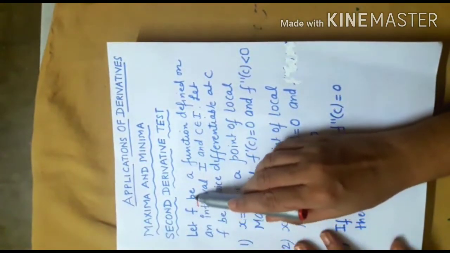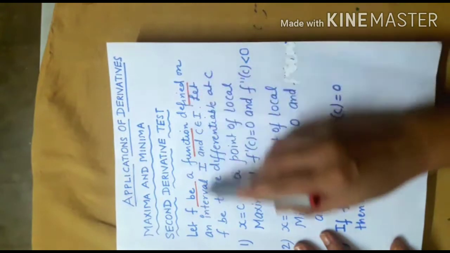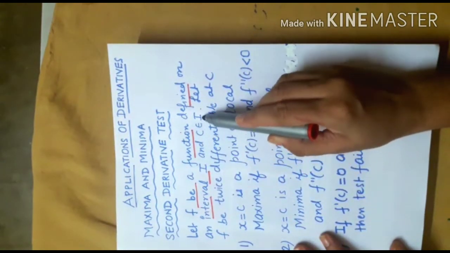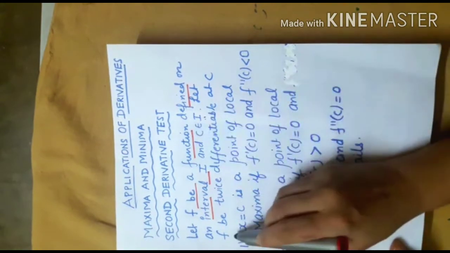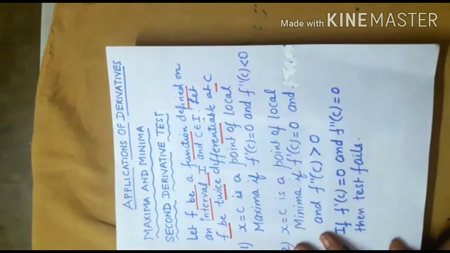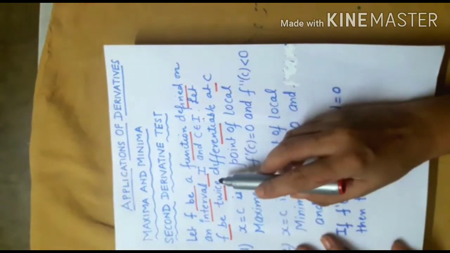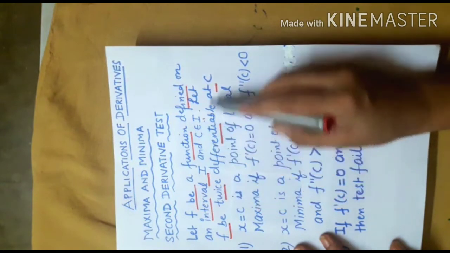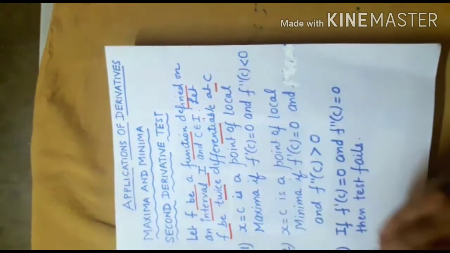Let f be a function defined on an interval I and c be any point in the interval. Let f be twice differentiable at c. That means the second order derivative of the function exists at the point c.